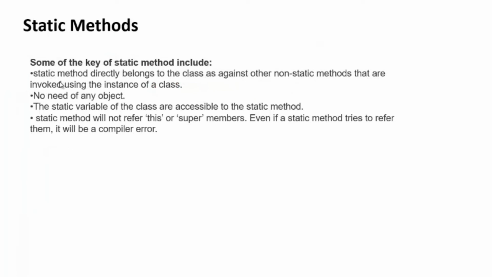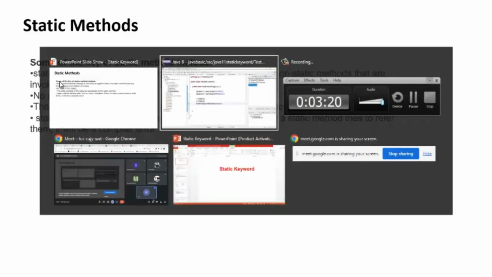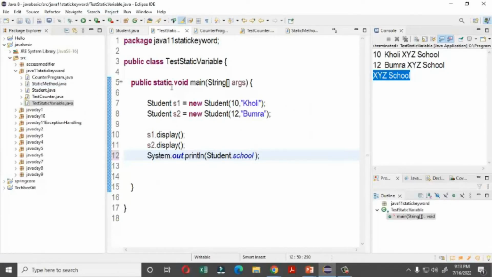Now let's look at the static method. When we define any method with the static keyword, that method becomes a static method. The famous example that we see every time is the main method, which is static.